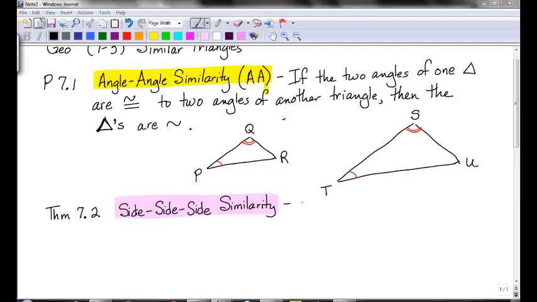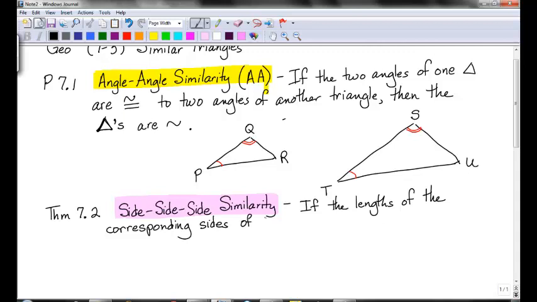And if the lengths of the corresponding sides of two triangles are proportional, so they have to be in the same ratio, so they are proportional, then the triangles are similar.